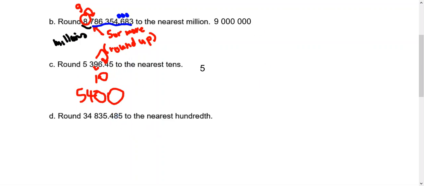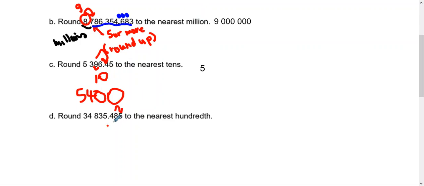If I'm looking at this one, I can ask myself, where's the hundredths position? That is my hundredths position. We're going to change that 8 to a 9, or we're going to leave it as an 8. When we look next door, that 8 is going to turn to a 9 because this 5 is 5 or greater next door.